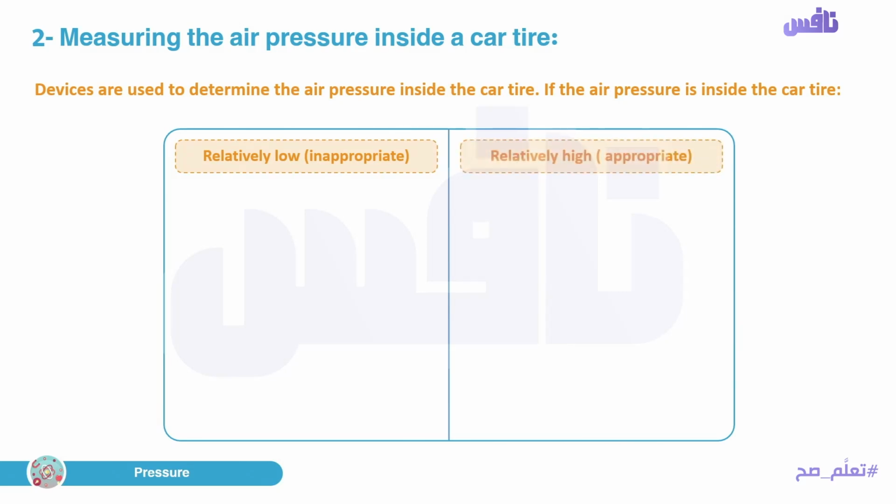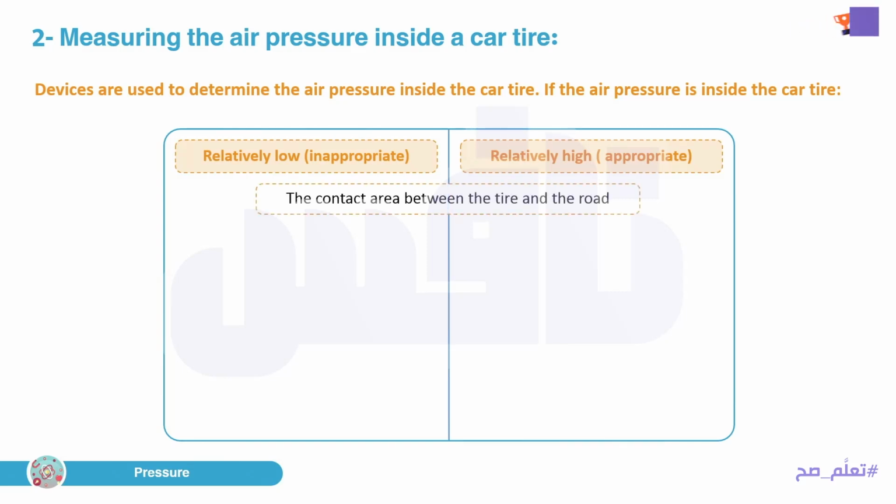Number 2, the other type is relatively high, which is appropriate. So the contact area between the tire and the road, when the tire is flat or has a problem, the contact area changes, meaning the pressure will change.